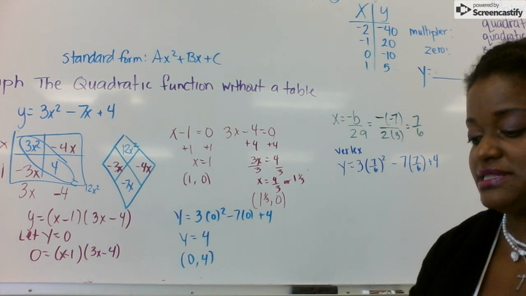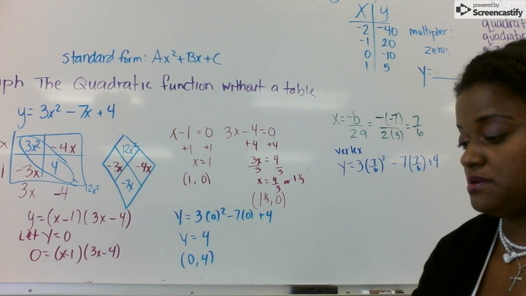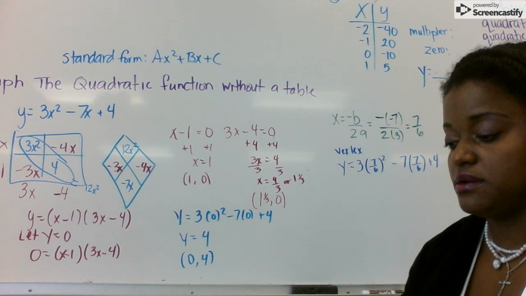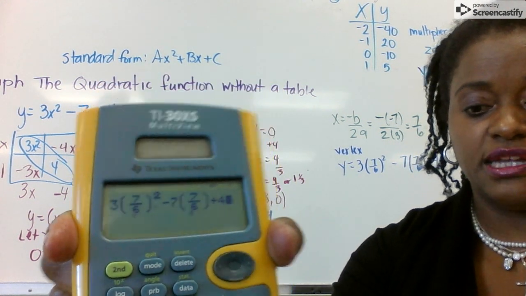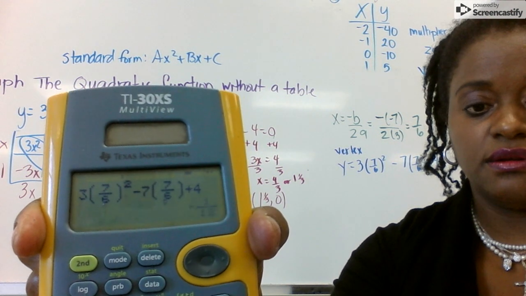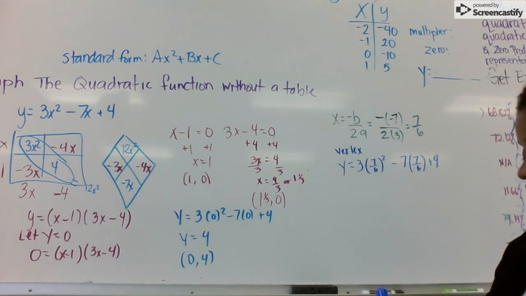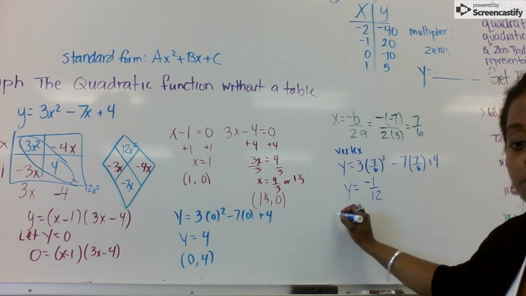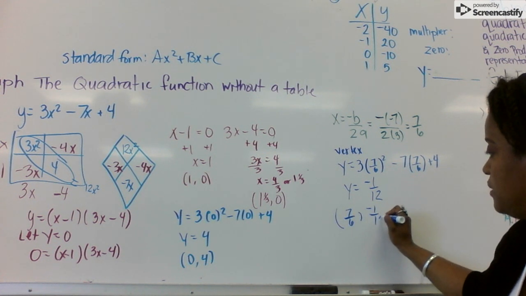Minus 7 parentheses 7 over 6, plus 4. Press enter. I get negative 112. So my vertex is 7 over 6, comma, negative 112.